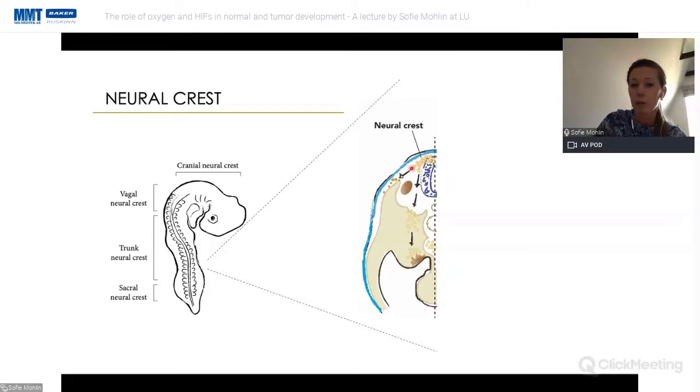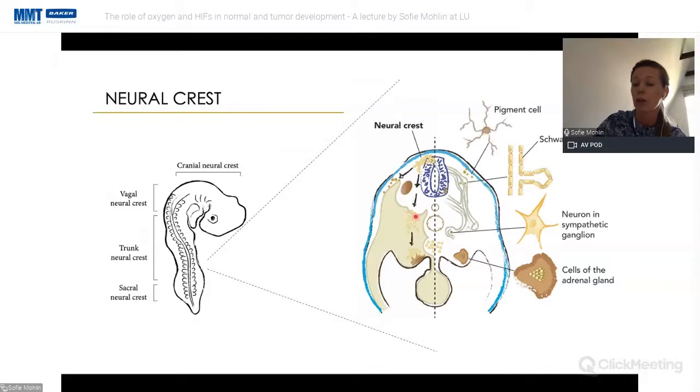Depending on the routes they take, dorsally or ventrally, and on which cues they meet, they differentiate and commit to different cell lineages, including pigment cells, Schwann cell precursor cells, neurons in the sympathetic and parasympathetic ganglia, and cells of the adrenal gland, which mostly are, of course, the chromaffin cells.